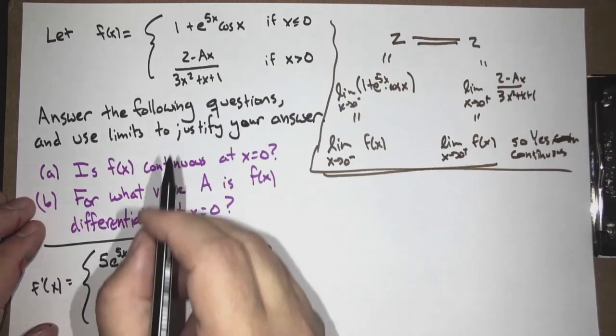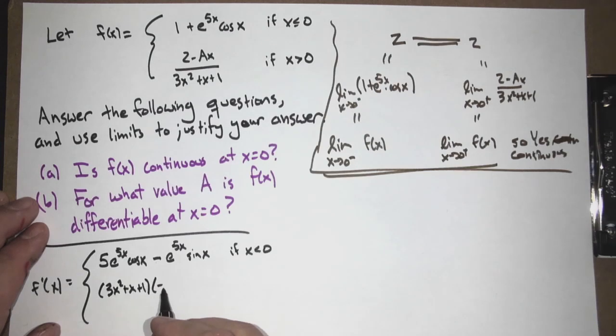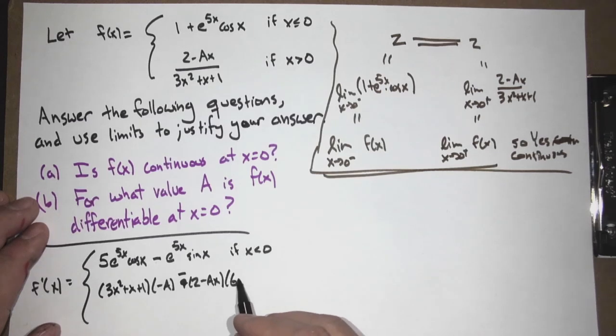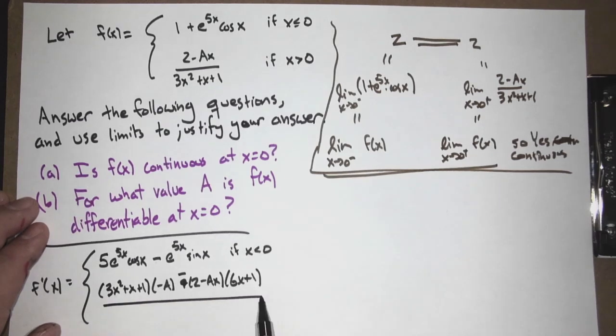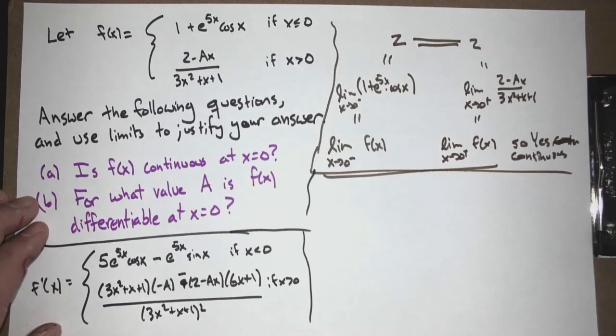Okay, so quotient rule, take the bottom, 3x squared plus x plus 1 times the derivative of the top, which is minus a, minus the top, 2 minus ax, times the derivative of the bottom, which is 6x plus 1, all over 3x squared plus x plus 1 squared. And that's if x is positive. Okay, so that's your derivative.